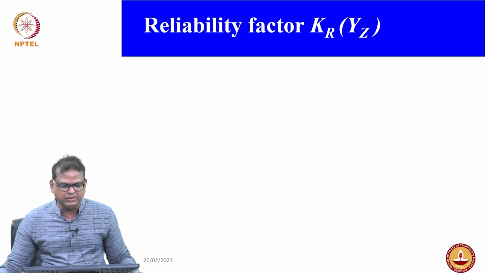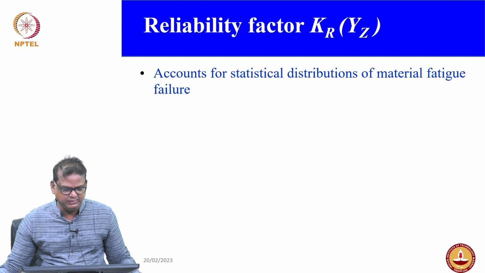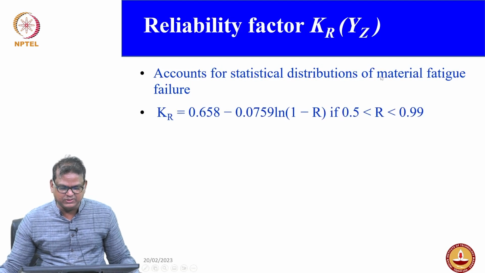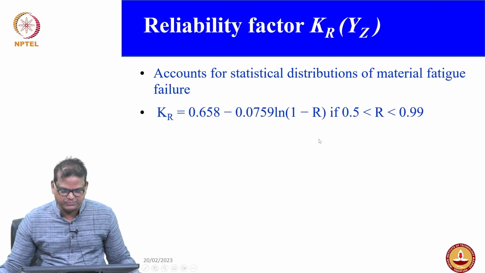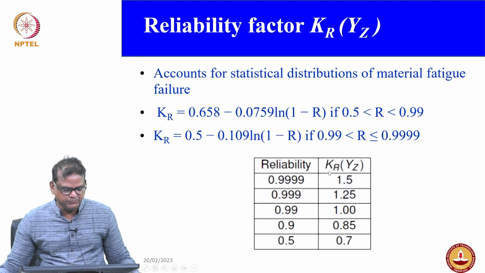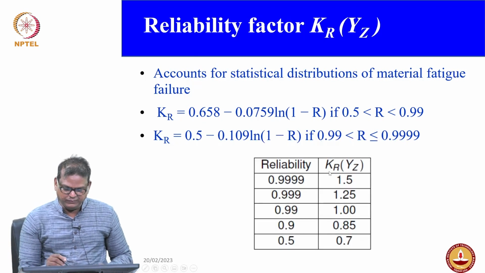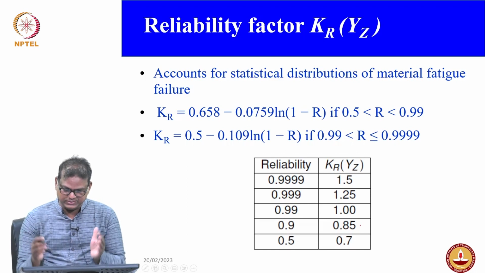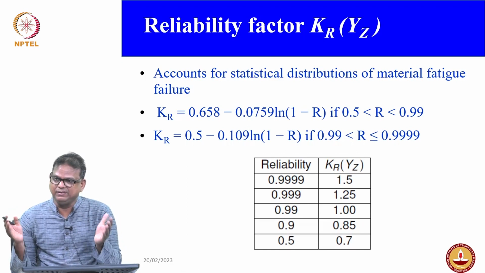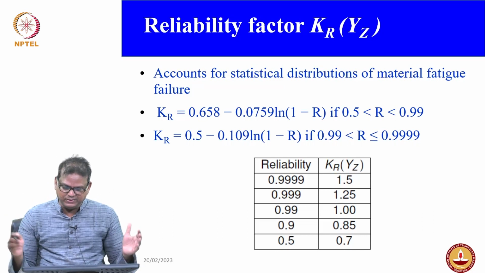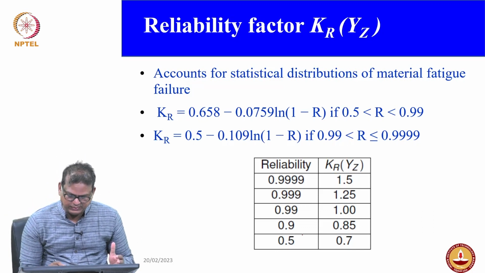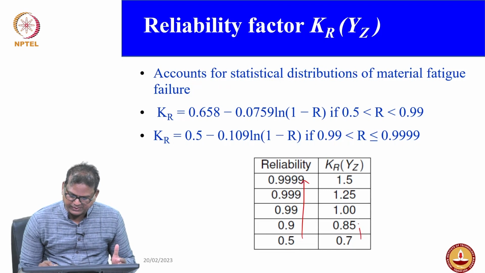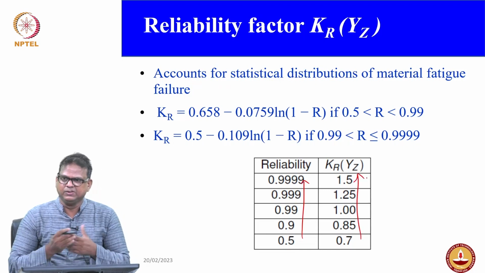Right. Now we talk about the reliability factor, as I discussed earlier. It accounts for the statistical distribution of material fatigue failure. This is a standard equation and is available. If you have a higher reliability, your factor Y_Z is in SI units within the bracket. So you could see that the higher the reliability, your correction factor also will increase, obviously.